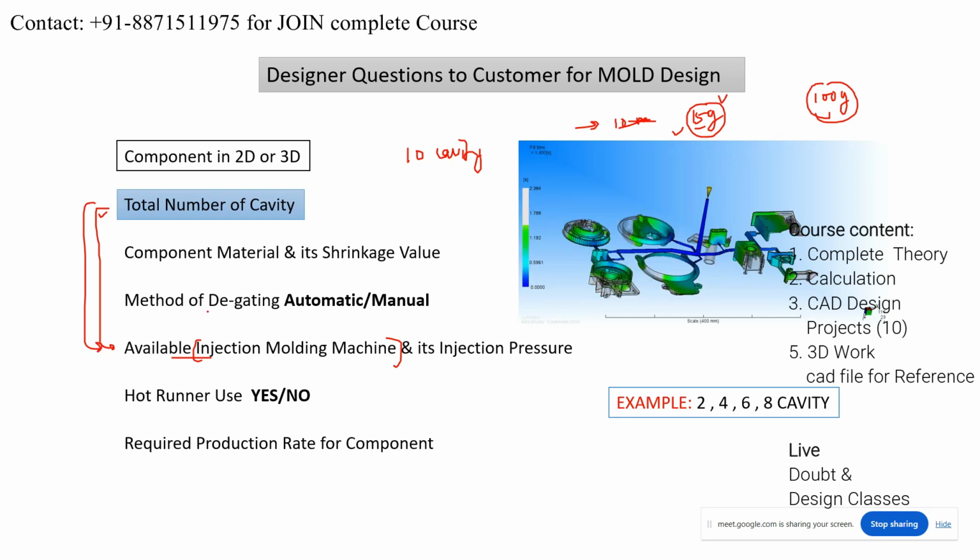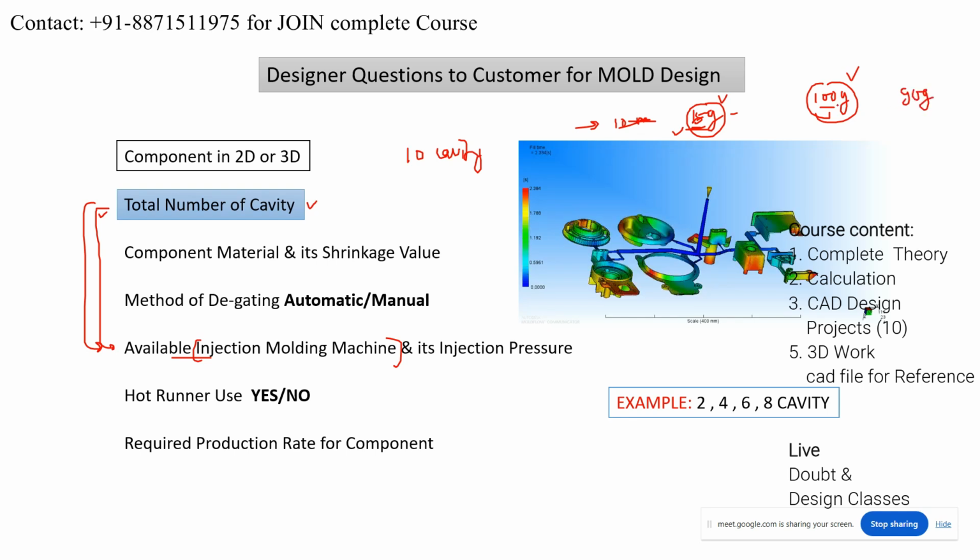Maximum how many components can we create in 100 gram capacity, when one component mass is 15 gram? 6, we can provide 6. So 6 will be 90 gram.